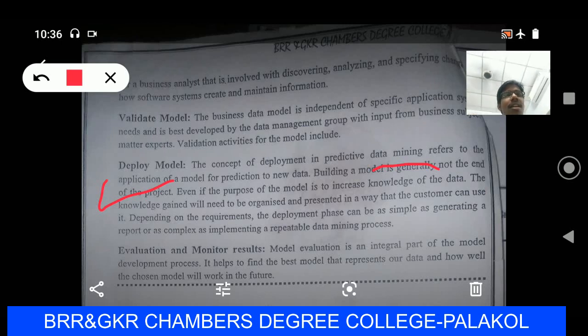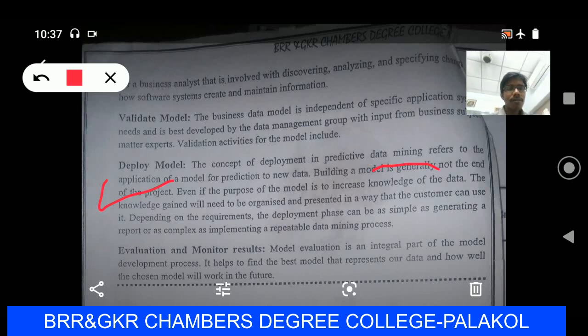Depending on the requirements, the deployment phase can be as simple as generating a report or as complex as implementing a repeatable data mining process. In the data mining process, we gather the information of what data is stored and maintained.